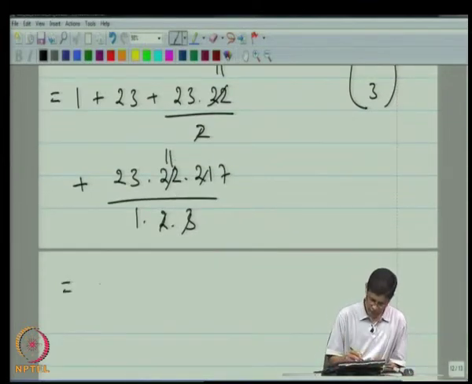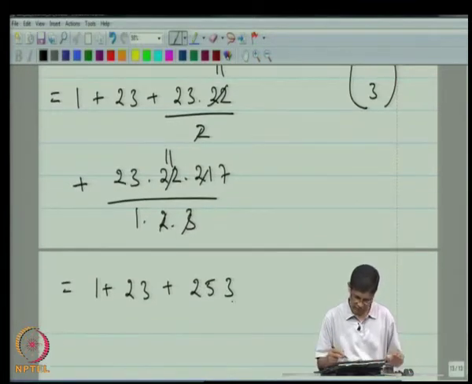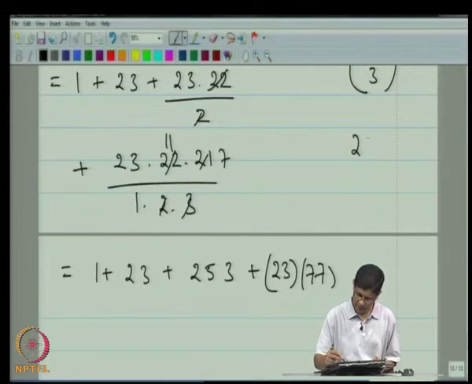So this is 1 plus 23 plus 253, from multiplying 11 times 23, plus 23 times 77. Let's do that computation on the side.